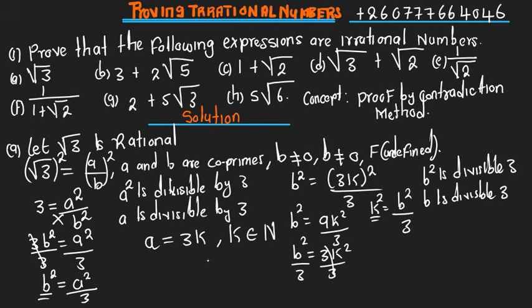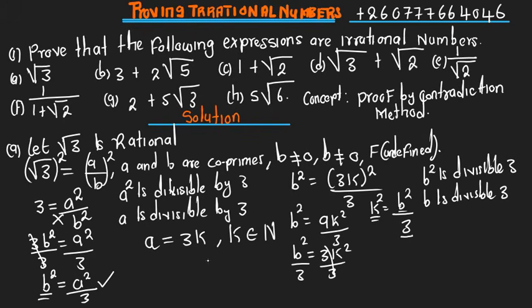Now, if this is true, then it means that we are able to divide 3 into b, and at the same time, we are able to divide it into a.